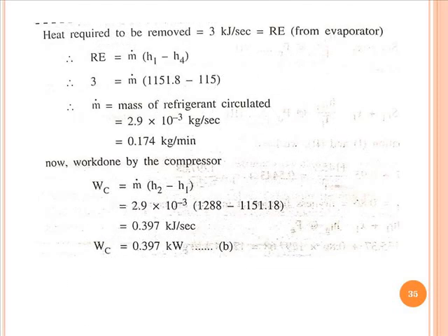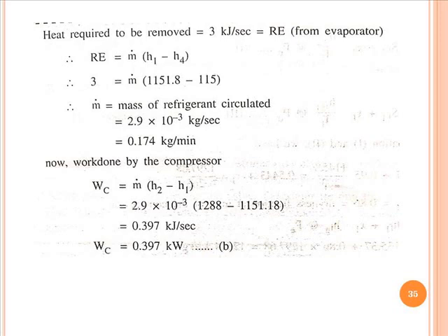Now the heat to be removed, 3 kilojoule per second, that is the refrigerant effect, is given. So RE, that value is 3, is equal to m dot into H1 minus H4. H1 value is available, H4 value is available, RE is available. So we get the mass of refrigerant circulated in the system, that is 0.174 kilogram per minute.